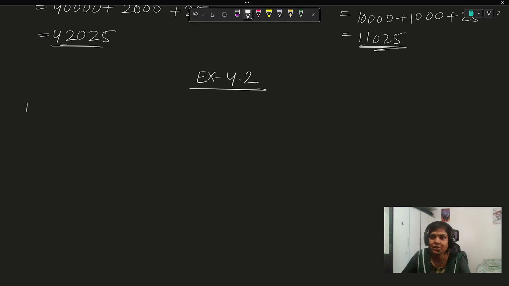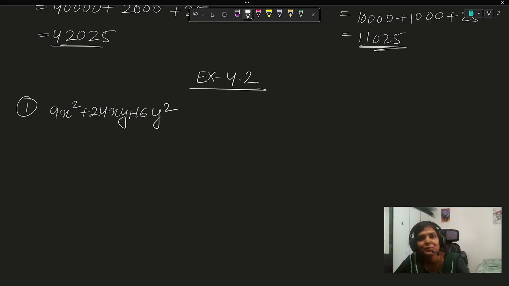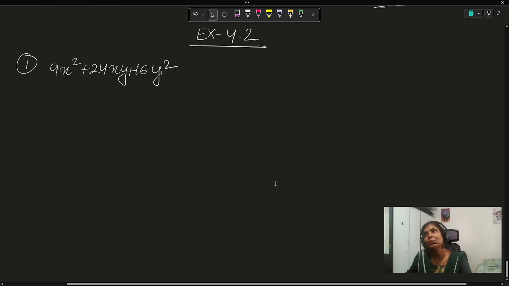Let's start factorization. In class 8 also you learned about factorization, isn't it, students? Now give more attention to the algebraic expression. The expression is 9x square plus 24xy plus 16y square. By looking at the expression, what are you thinking?